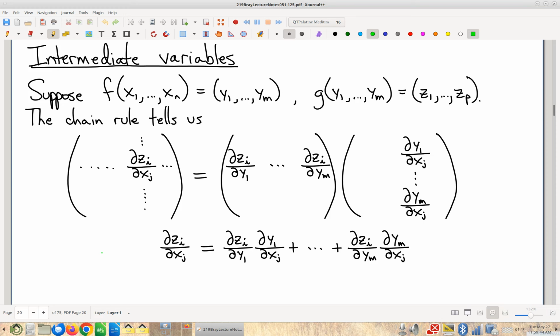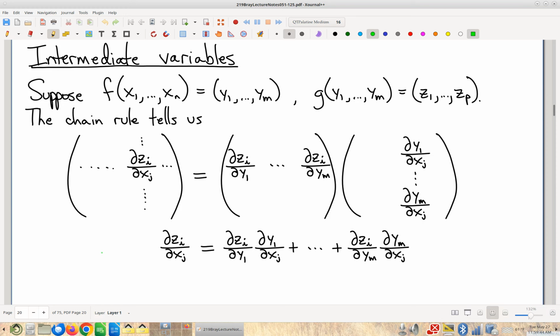Right? And so think of it as each one of these terms corresponds to a path, and then I make the modest observation that, well, yeah, okay, but every path corresponds to one of these intermediate variables. So, for example, let's look at the last one, just to mix it up. This path corresponds to the ym intermediate variable.